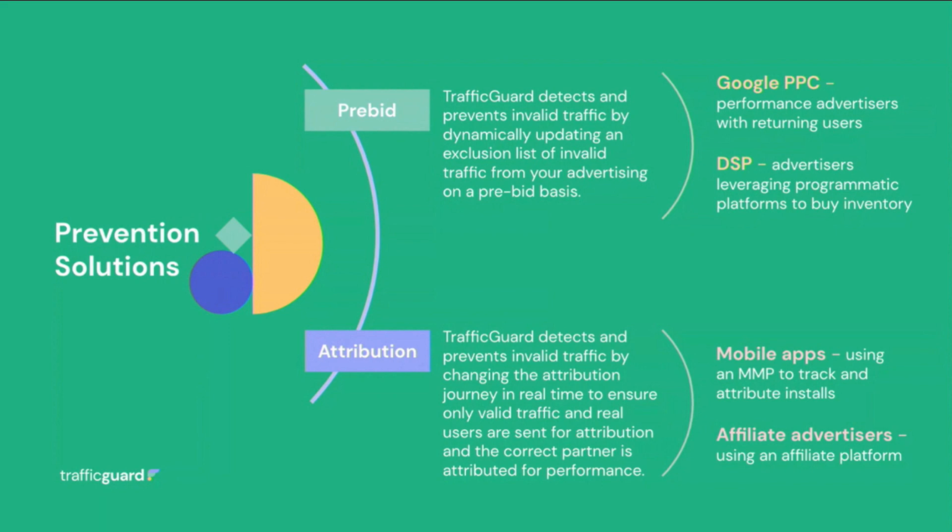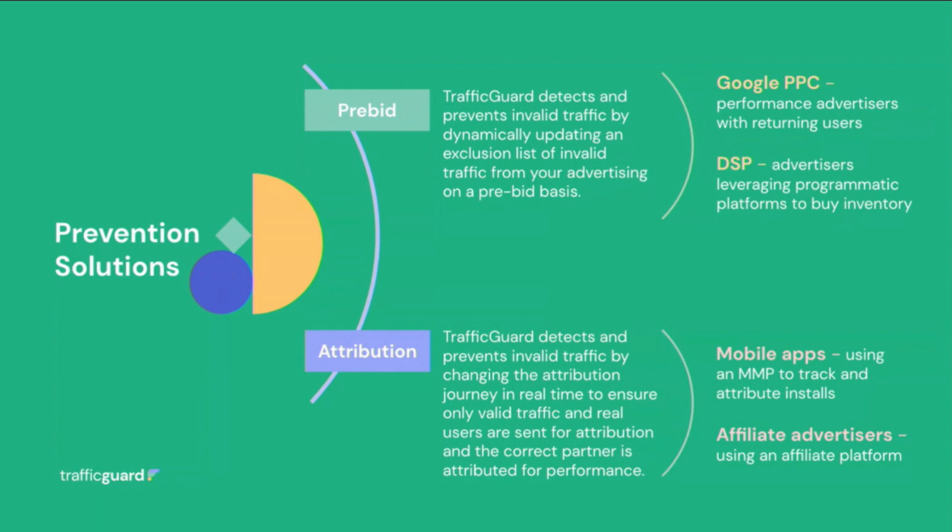Now, we have a lot of different technology that can be applied to a lot of different channels. So I just wanted to simplify it for the purposes of this introductory call today, and say there are 2 main ways that you can prevent the effects of fraud and invalid traffic. And you can see them here on this slide. The first one is pre-bid.